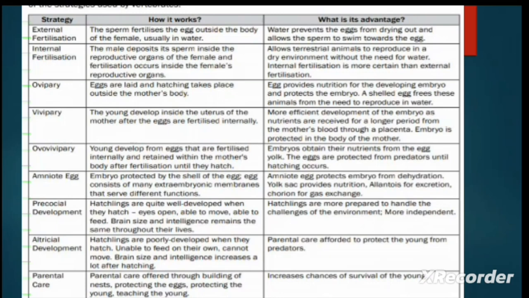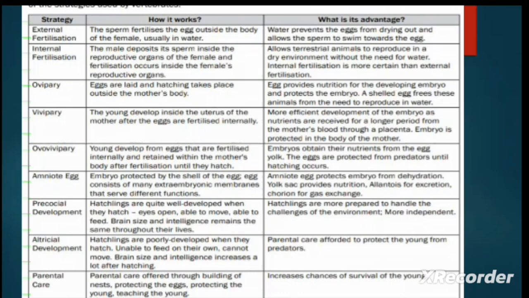So if they ask you the type of development, then you're going to choose from precocial development and altricial development. Most of the time, they use the word strategy for oviparity, viviparity, and ovoviviparity. If they ask you the type of strategy whereby eggs are laid and hatching takes place outside the mother's body, that is oviparity.